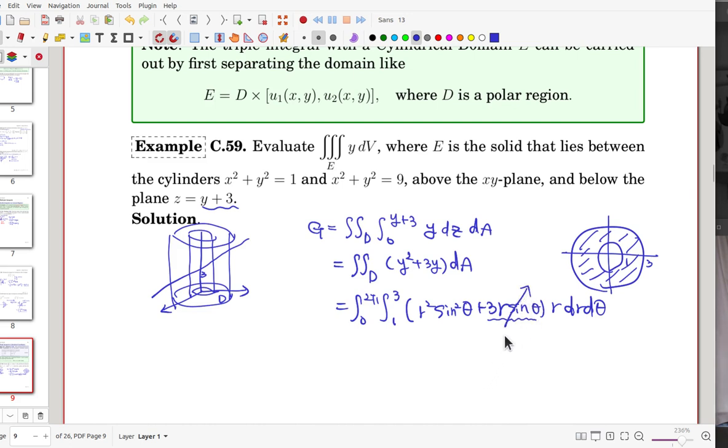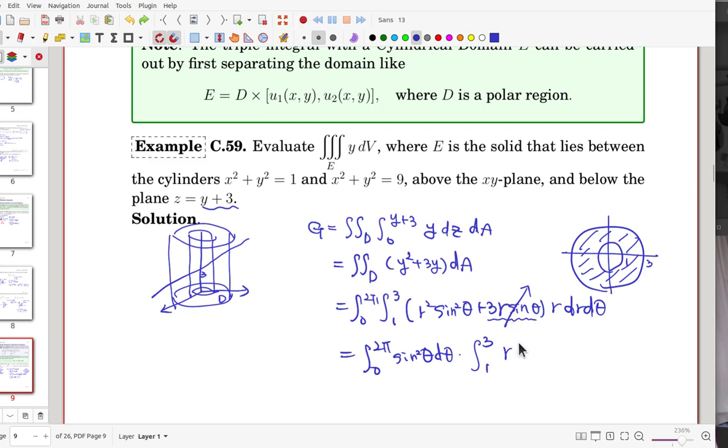So we can eliminate it. The remaining part is here. The other part is also separable. That is from 0 to 2 pi of sine squared theta d theta. And the integral from 1 to 3, we have r squared times r, so that there is r to the 4, no, r to the 3.